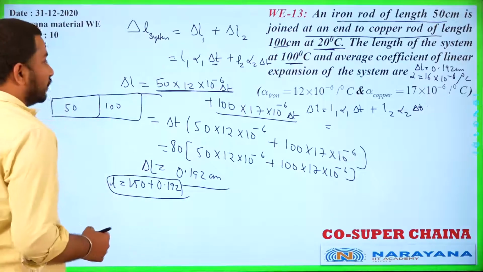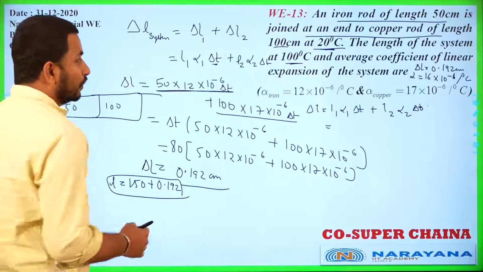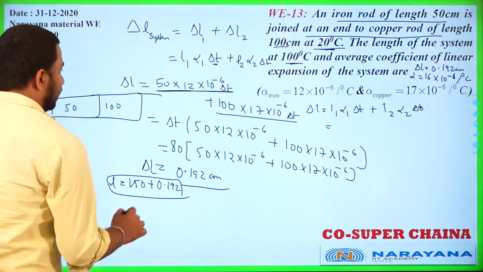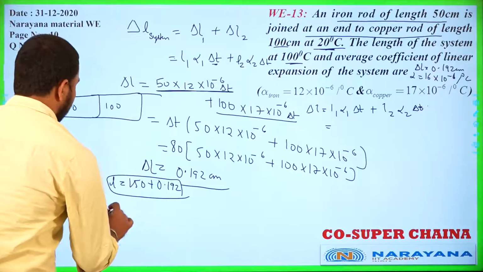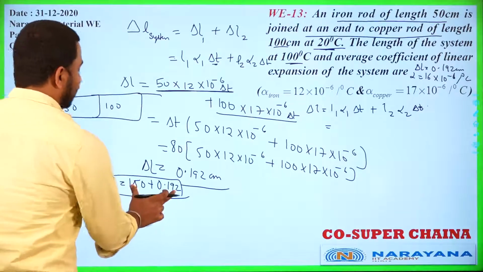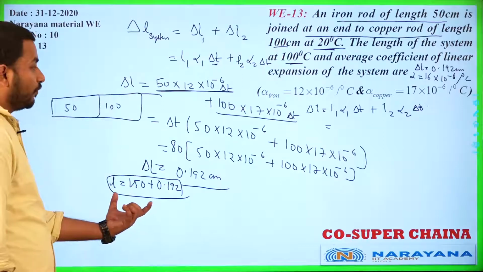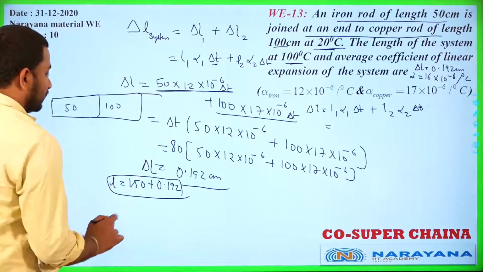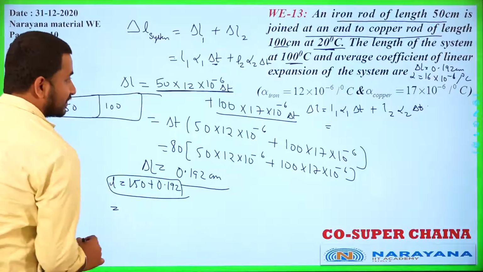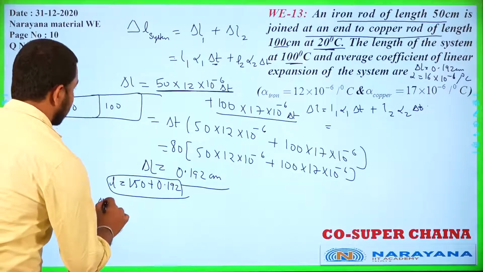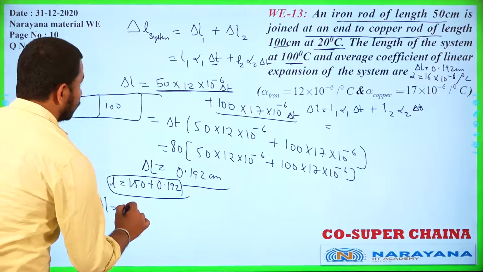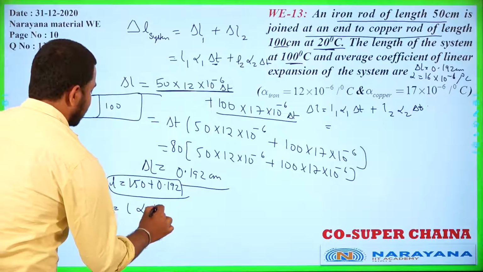To calculate the value of alpha, I'll plug it into the expansion equation. I'll take the initial length as 150, total I got this one, so I'll write delta L is equal to L alpha delta T.